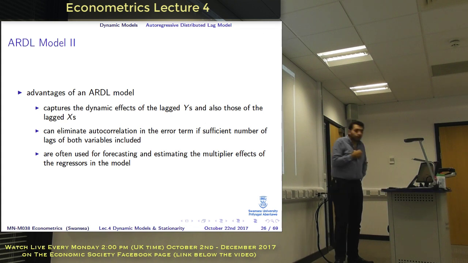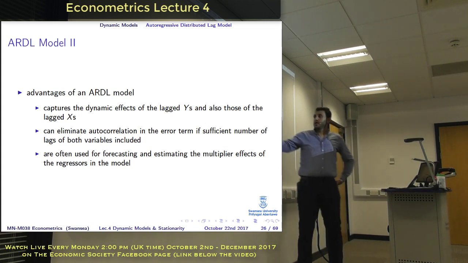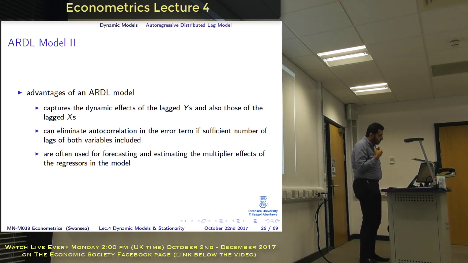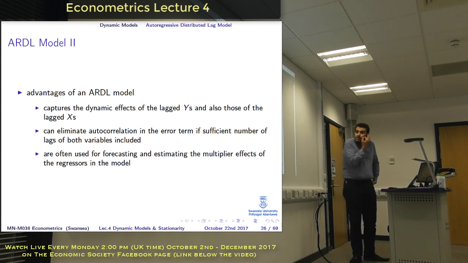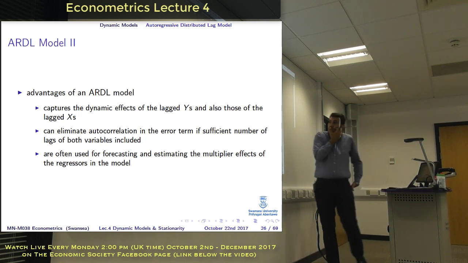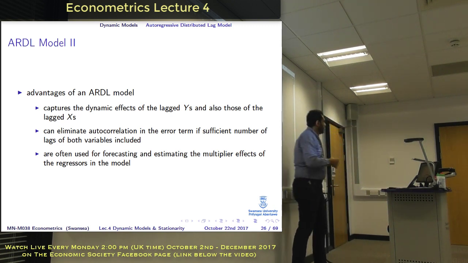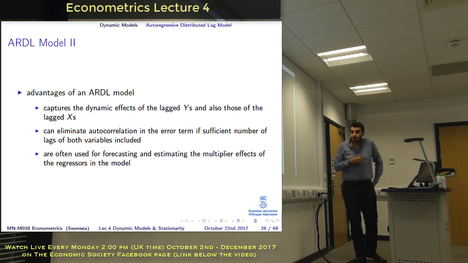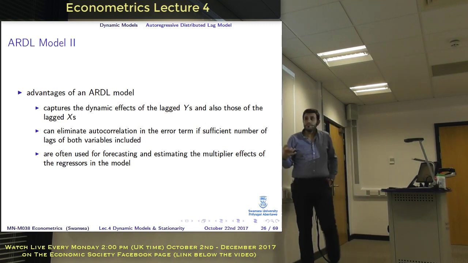Also, you can eliminate autocorrelation, as I explained earlier, by introducing lags. If you have a sufficient number of lags, of both variables X and Y, this will eliminate the autocorrelation problem.